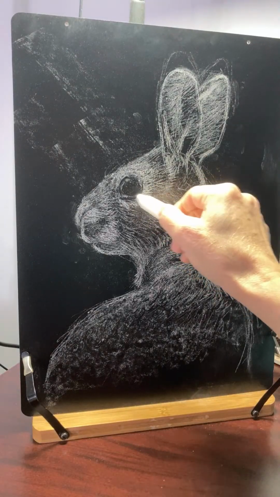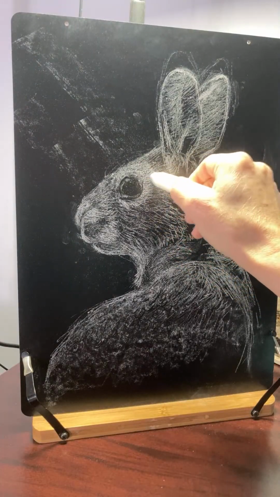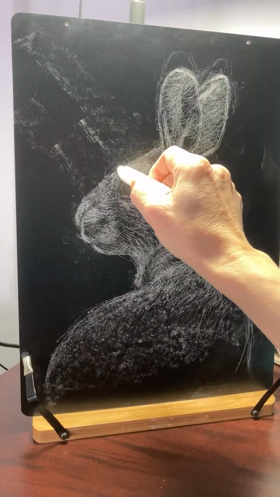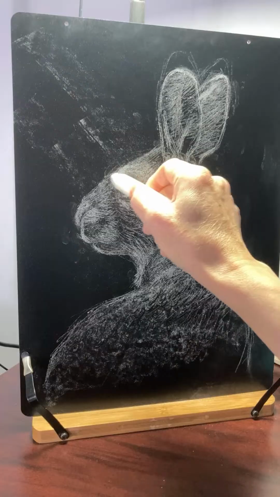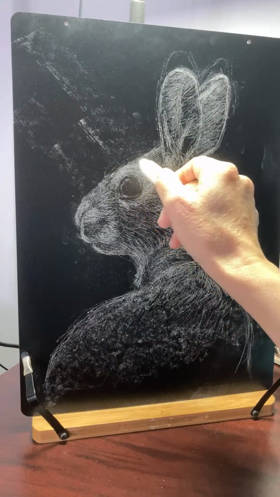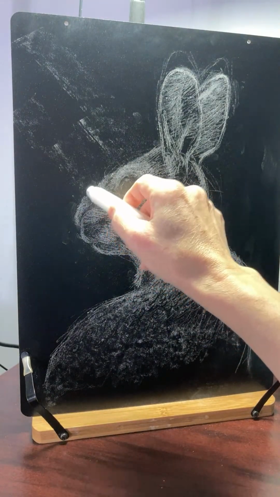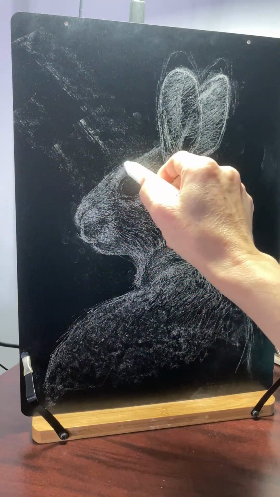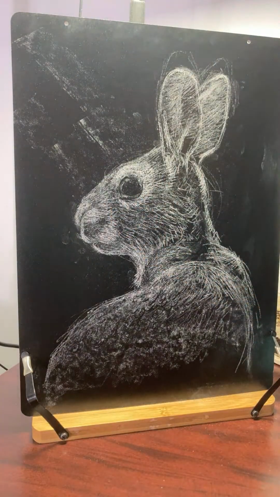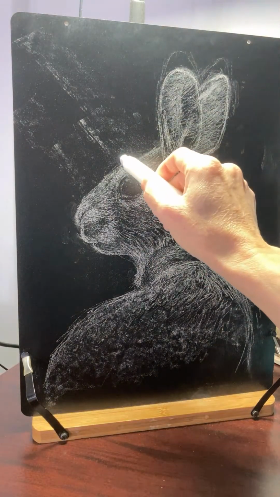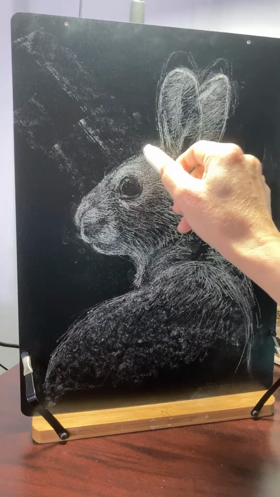So I keep more light here. And he got the eyebrow, forehead here. Keep some forehead here.